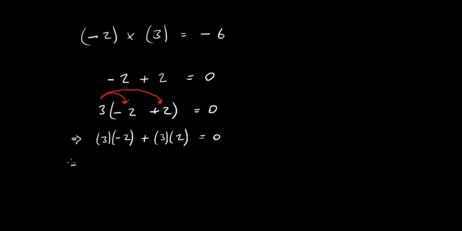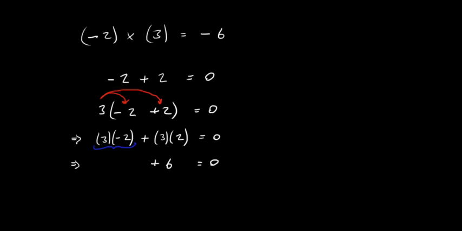So let's just continue on then. Well, let's have a look at this. Here we have a positive 3 times a positive 2, so we know that 3 times 2 will give us 6, so this should give us a plus 6 here, and we still have our 0 here. So what should this bit over here give us?